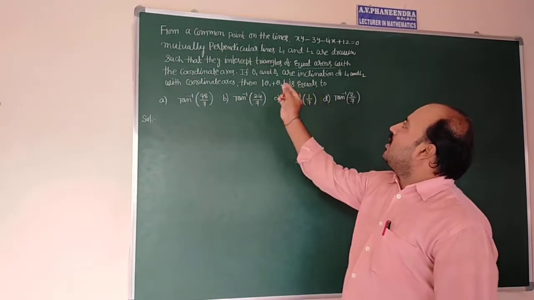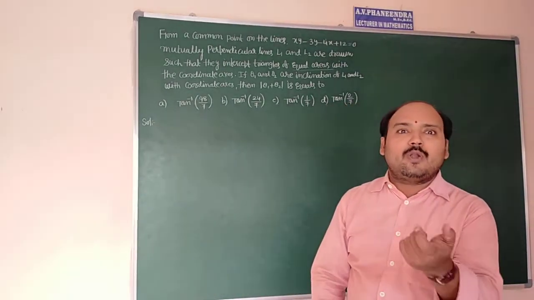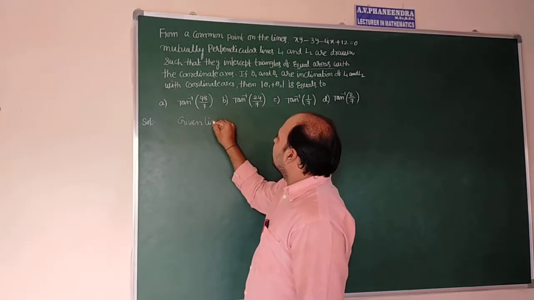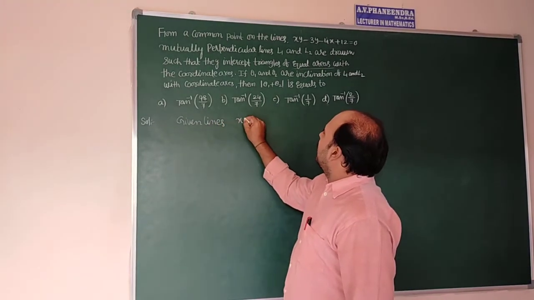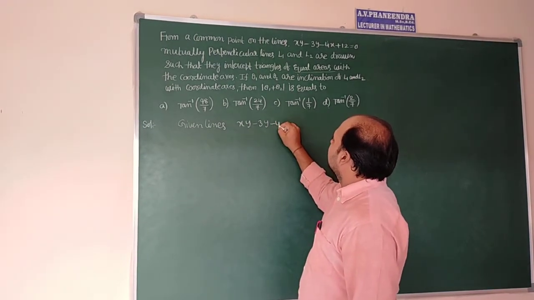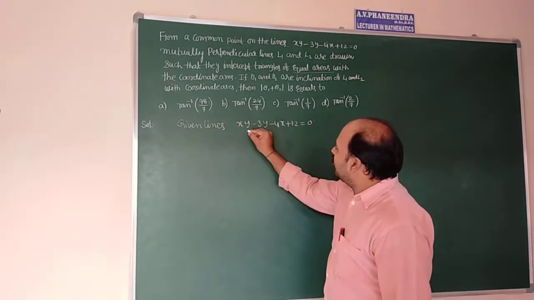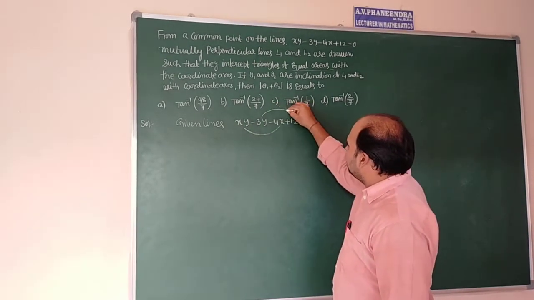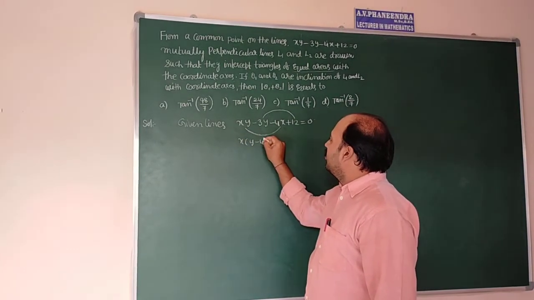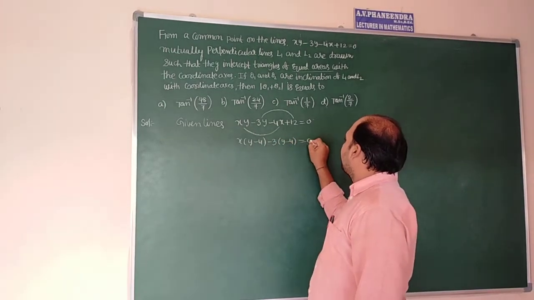First, from a common point on the lines, that means from the lines you have to find the common point. Given lines xy minus 3y minus 4x plus 12 equal to 0. From these two, take x common, from these two, take y common, minus 3 common: x into y minus 4 minus 3 into y minus 4 equal to 0.